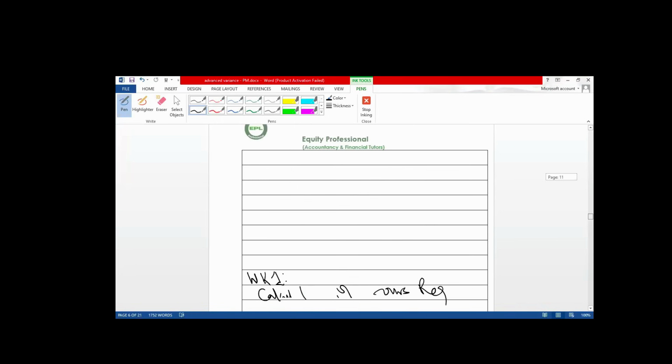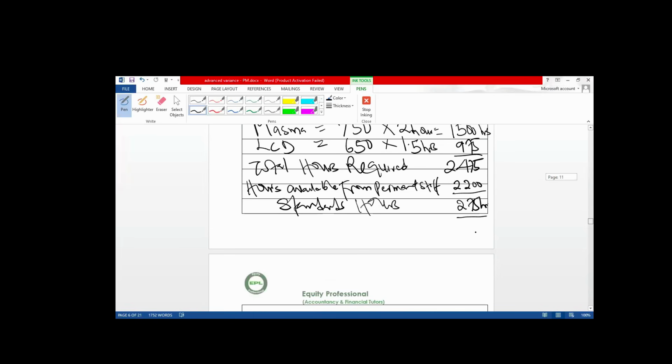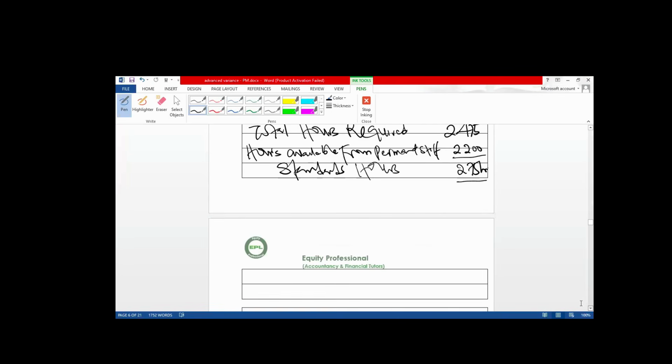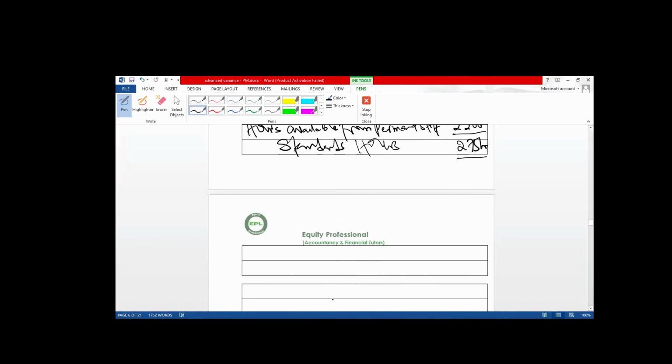This is the standard hour they should have used. Actual hours, 275 multiplied by 2. They took twice as long as the permanent staff.